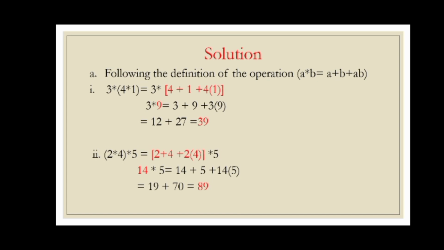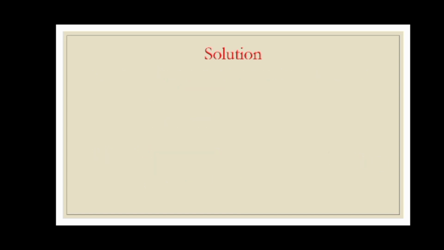And this is our answer. 14 plus 5 is 19, and 14 times 5 is 70. So 19 plus 70 is 89. Good. Let's move to our last one.